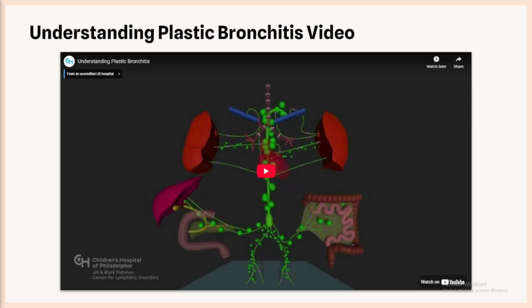Another thing to notice is the different mechanisms by which this congestion in pulmonary circulation can happen. We saw in the video that the most common one is a defect in the thoracic duct, which causes the backflow of lymph into pulmonary circulation, but that is not the only cause.